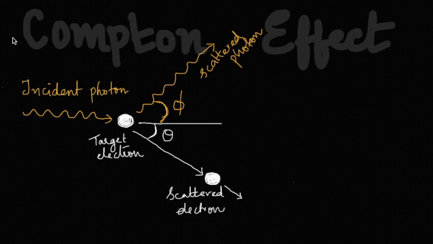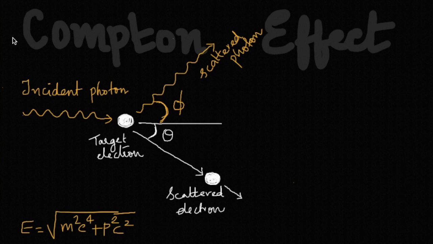You know that photon is a massless particle, so the energy of a particle is given by the equation E equals root of m squared c raised to 4 plus p squared c squared. And since photon is a massless particle, here m will be 0.